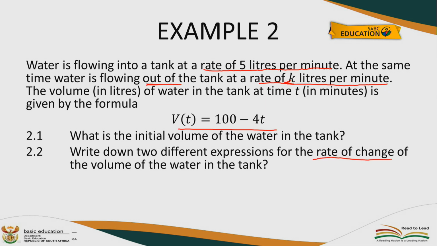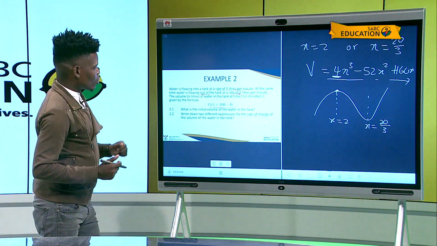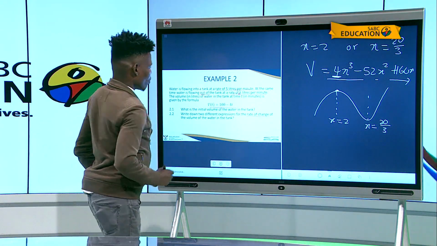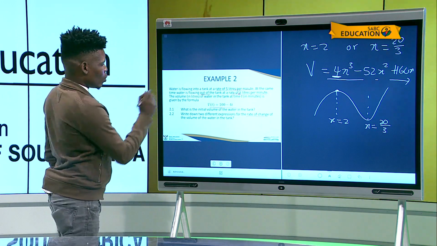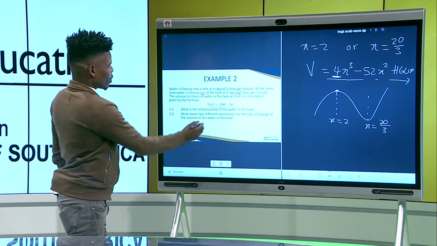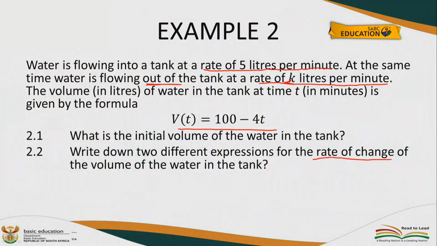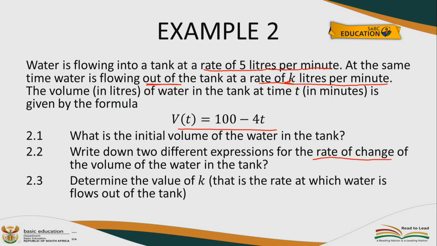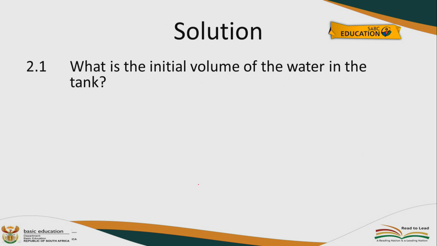Remember, rate of change is the derivative. So it means that in this question, we are somehow going to have to deal with the derivative of the function of volume. The next question will be for us to determine the value of k, that is the rate at which water is flowing out of the tank. I told you earlier on that we might later be asked to determine what k is. Now, let us quickly go through these questions.